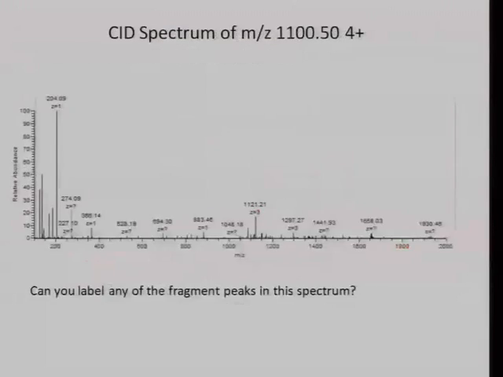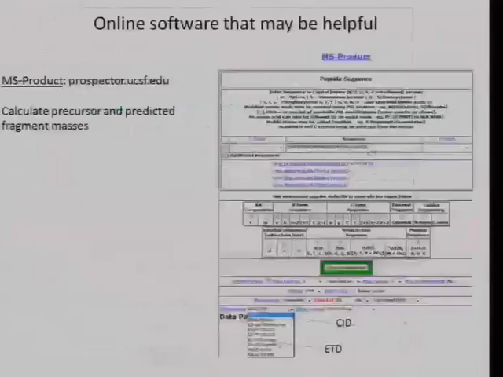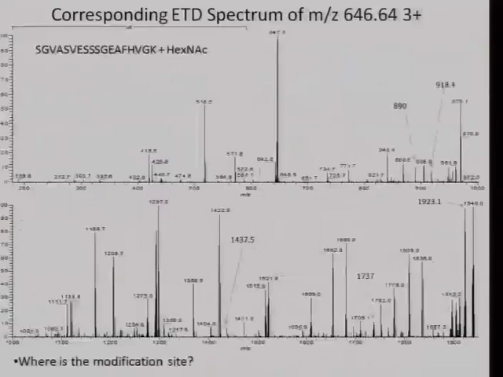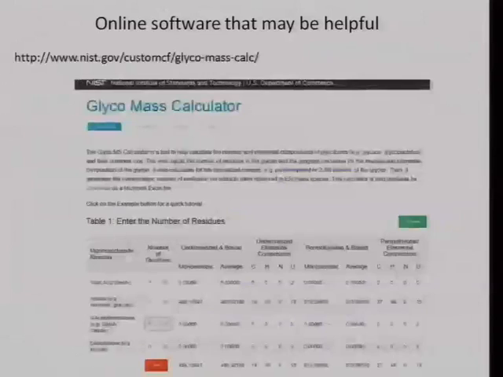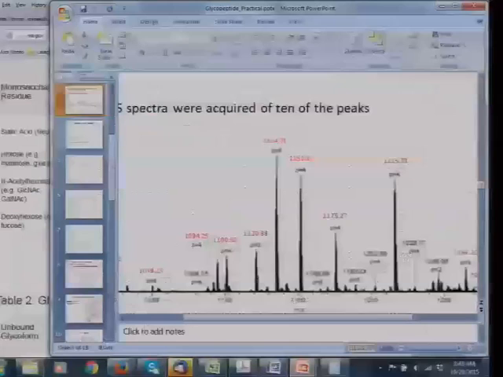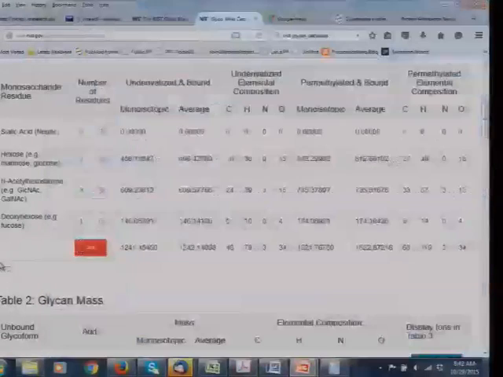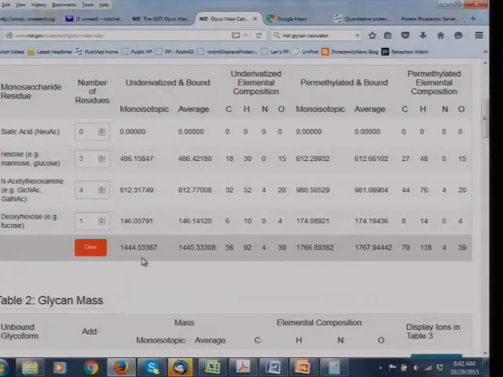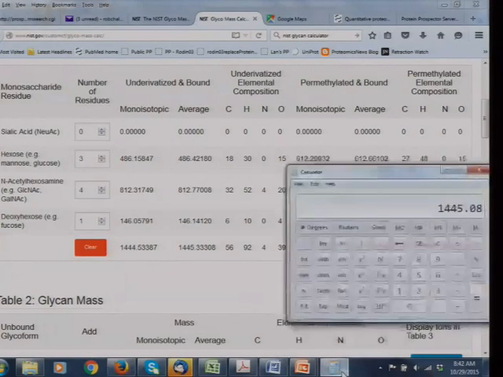I'm going to cheat and look at my answer sheet. It's somewhere down here. HexNAc 4, Hex 3, fucose. So where have I gone wrong? So why was I off by 3? It should have been 1444, apparently. I must have calculated something wrong.